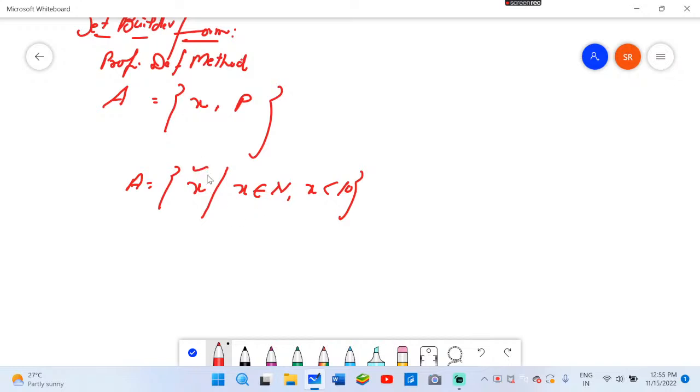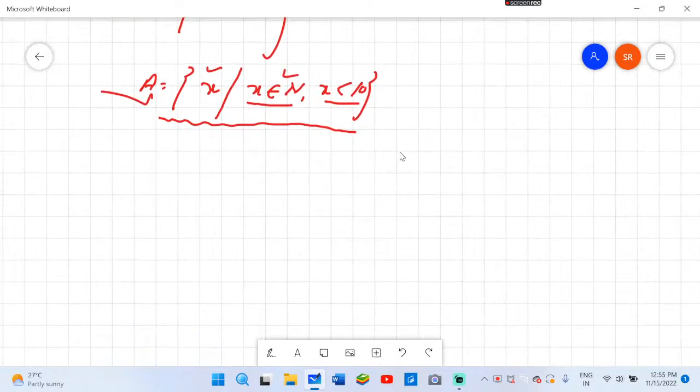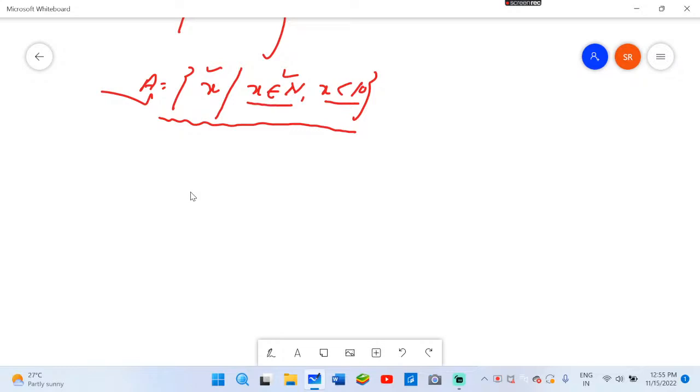So this general element X has two properties, that is it belongs to the set of natural numbers and it is less than 10. So when we write the general element of this set with the property or properties, this form is called set builder form. Other name is property defining method.